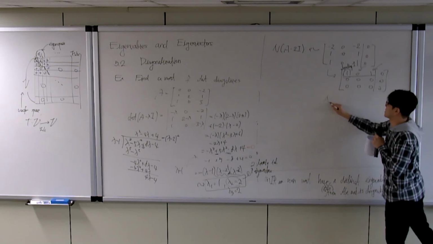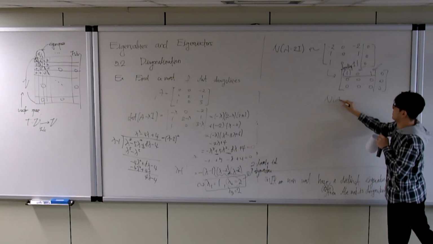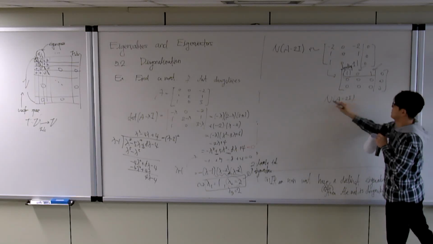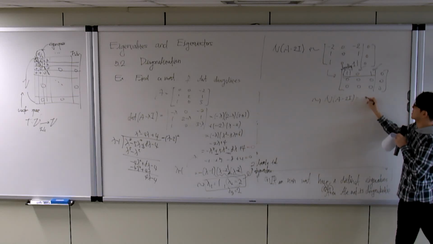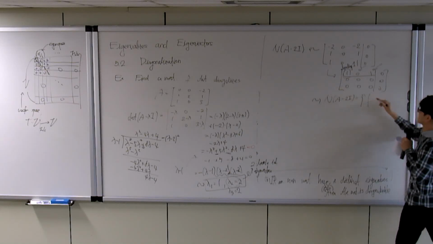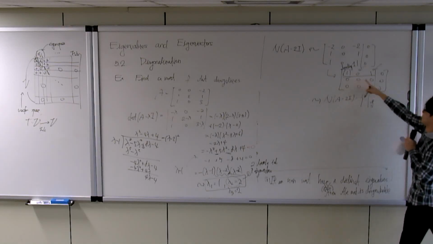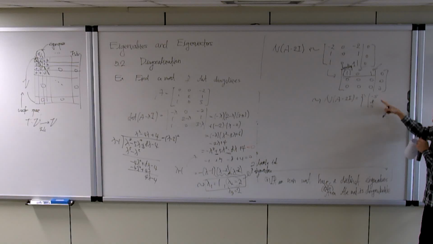If you calculate it, I will make the row echelon form. So you have two equations.